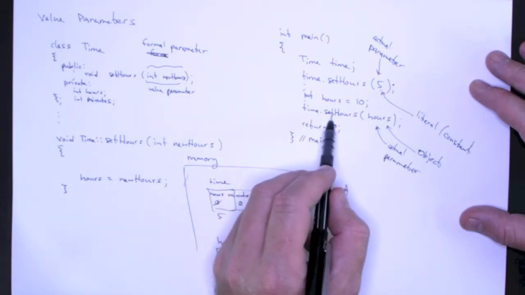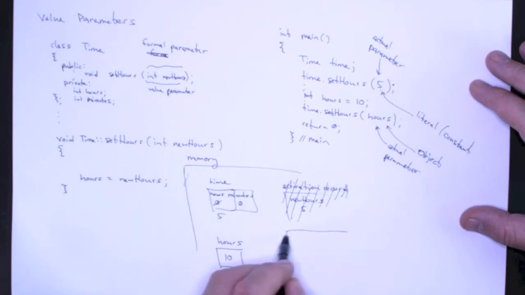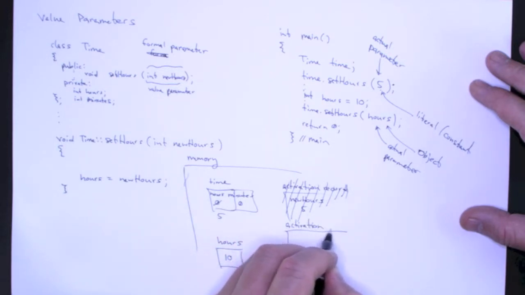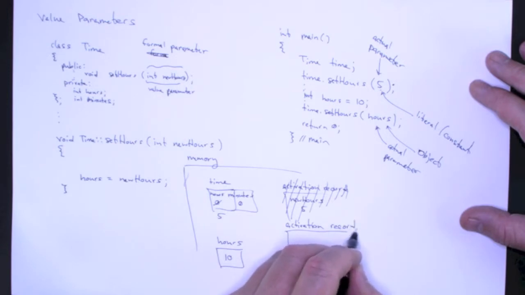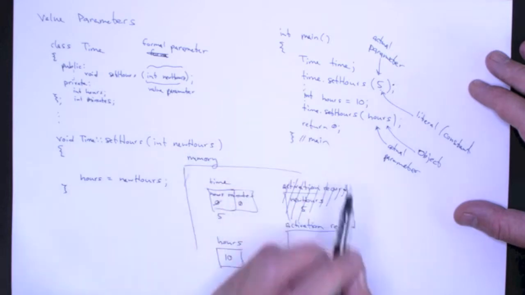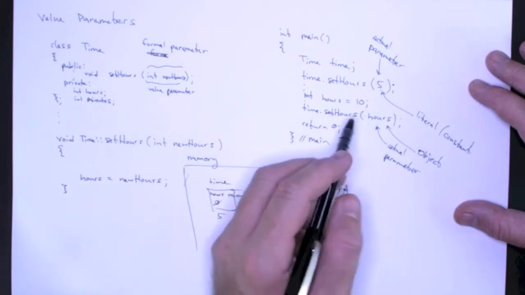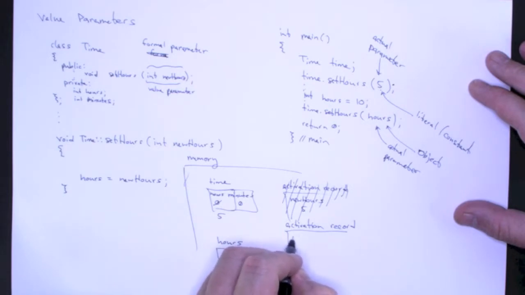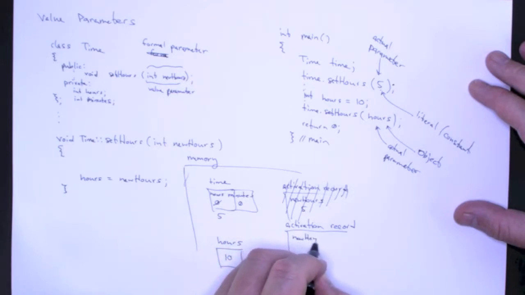Well, now what I'm doing is I'm calling set hours again, so I'm going to get another activation record. And I'm copying, and this word copying is very important. I'm copying the value of hours. So again, the activation record gets created.